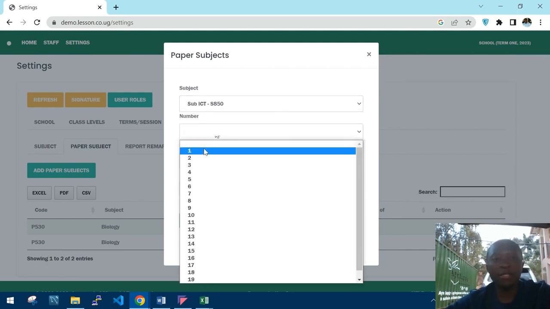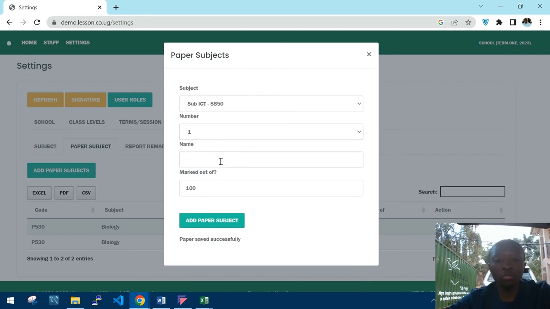Now for subsidiary ICT, it comes with paper 1 and paper 2. Question: when you are dealing with subsidiary ICT on the system, all subsidiaries give them one paper. Bring all the marks as one paper. The reason is when the system is analyzing the points, it looks for all the subsidiary subjects considered to be having one paper.